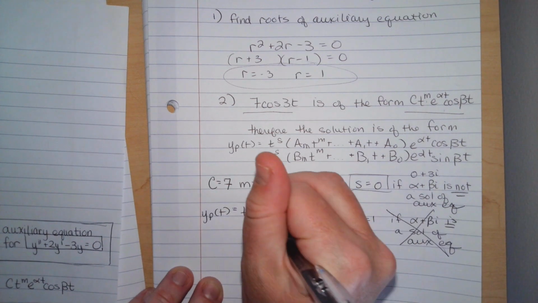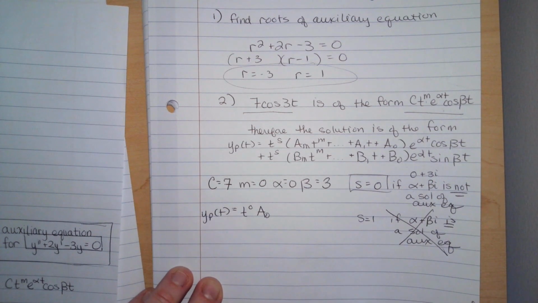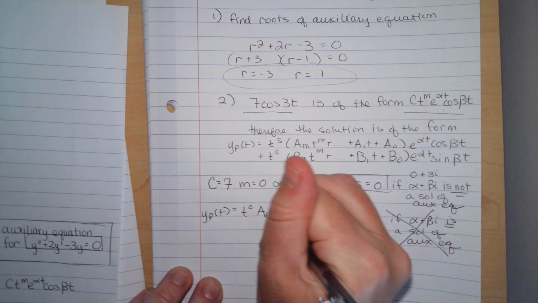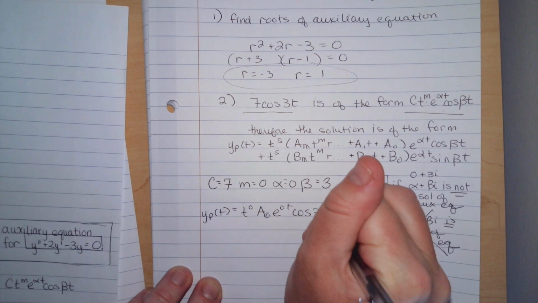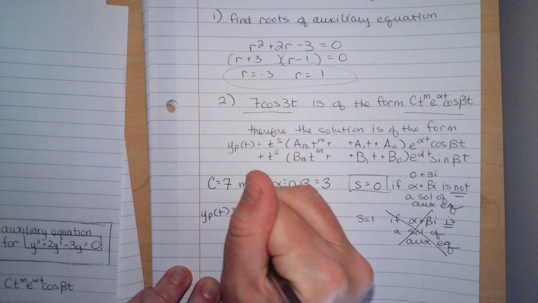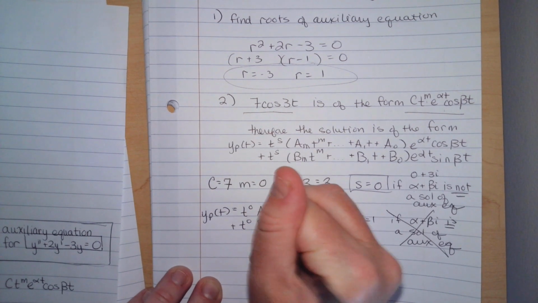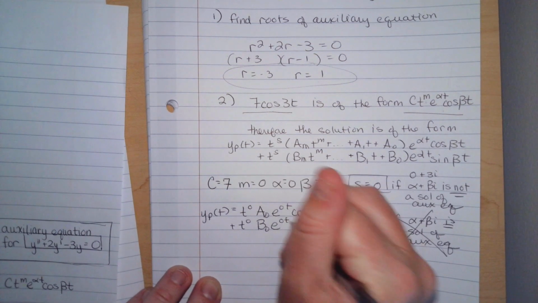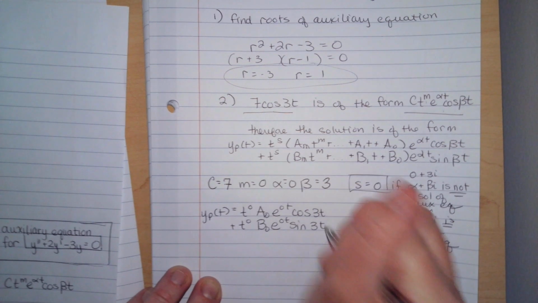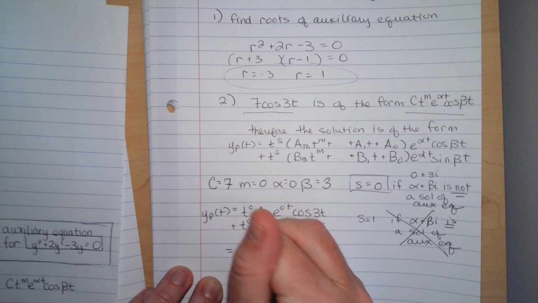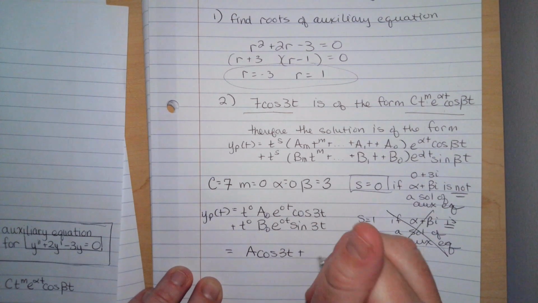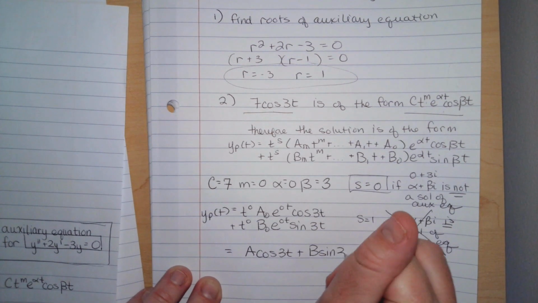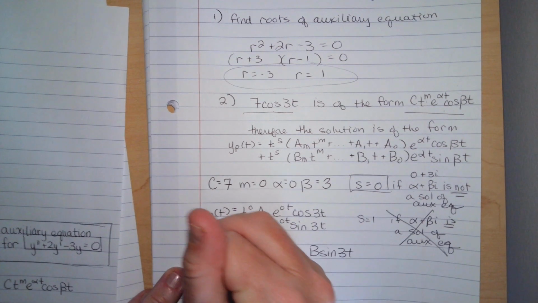So all we have is this a to the 0, e to the 0t cosine 3t plus t to the 0 b naught e to the 0t sine 3t, which is going to equal a cosine 3t plus b sine 3t for the particular solution.